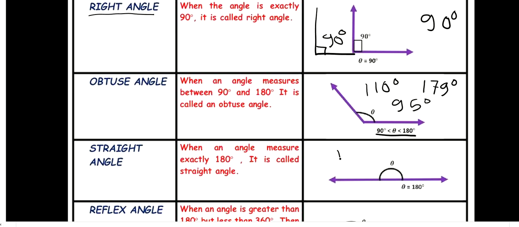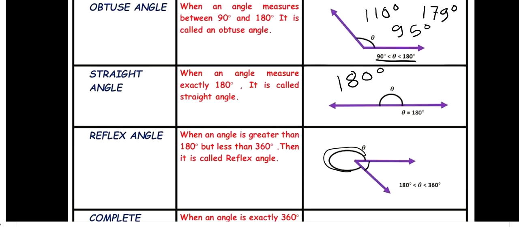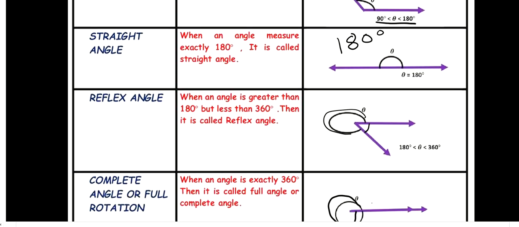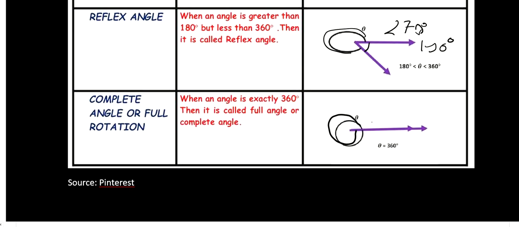For a straight line, it's always 180 degrees. For reflex angles, you can have 270 degrees, 190 degrees, and so on. All angles below 360 are reflex angles. A complete turn is just 360 degrees, nothing more, nothing less.